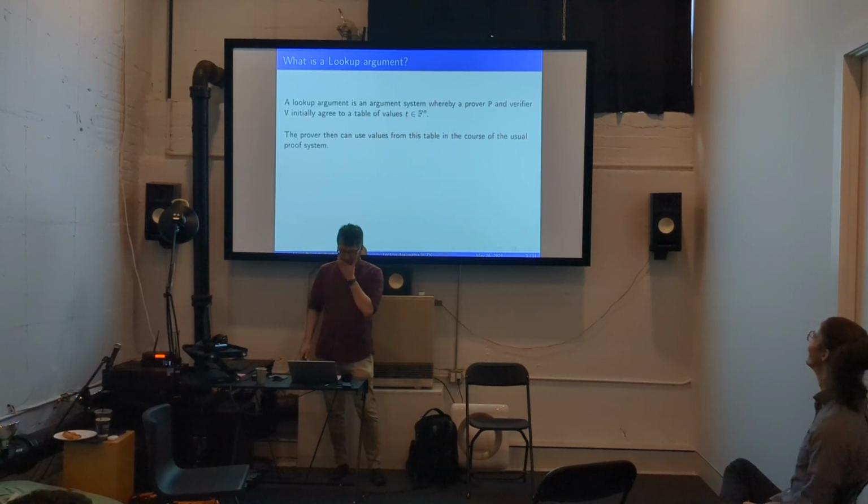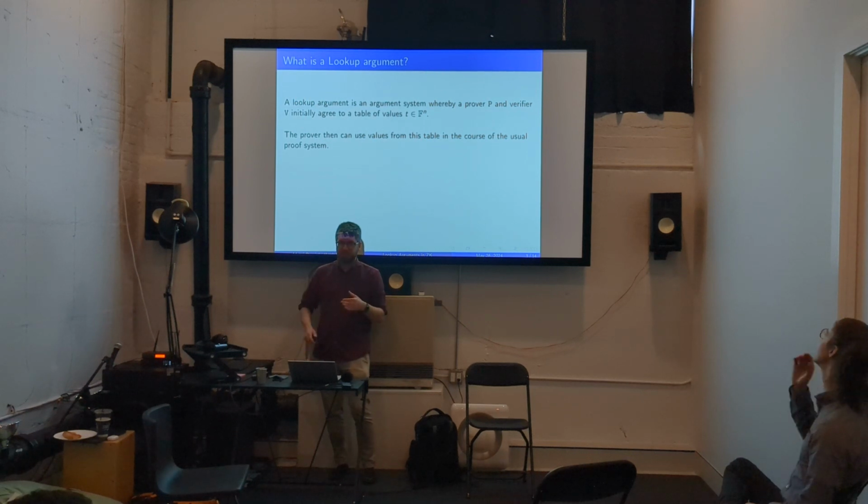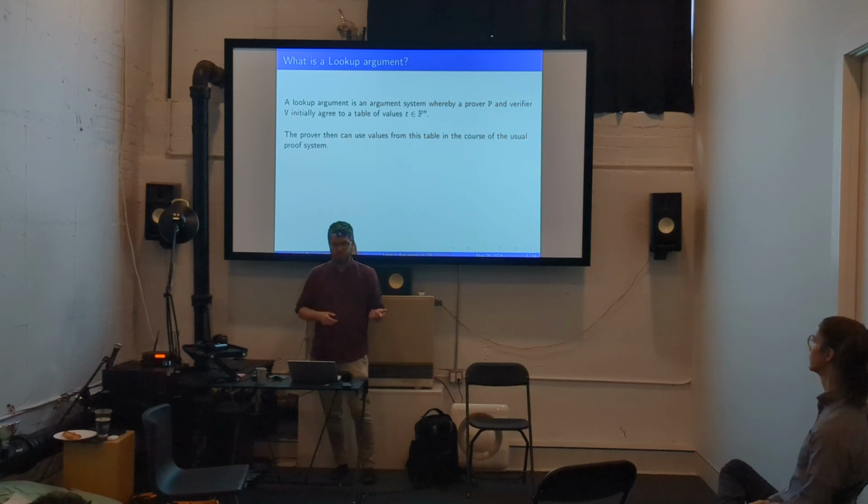The idea behind a lookup argument is that it's an extension of the interactive protocols that we've already seen, where now we're giving the prover and the verifier a little bit of extra technology. The prover and the verifier both agree to some table of values, and the prover can then use the values of that table in the course of the usual proof system.